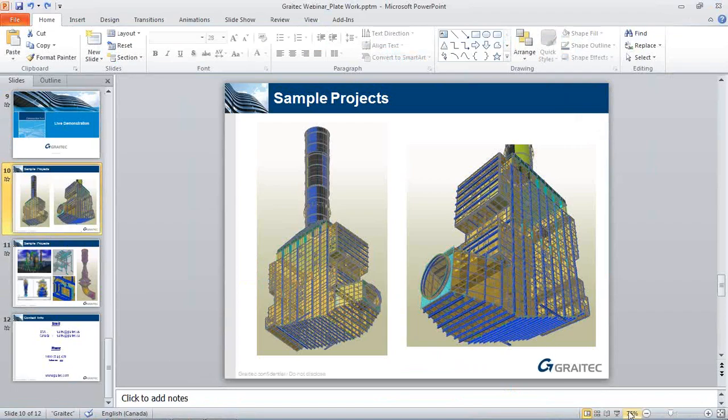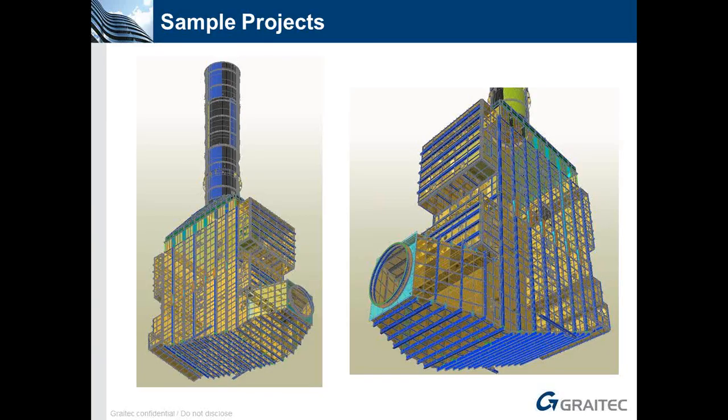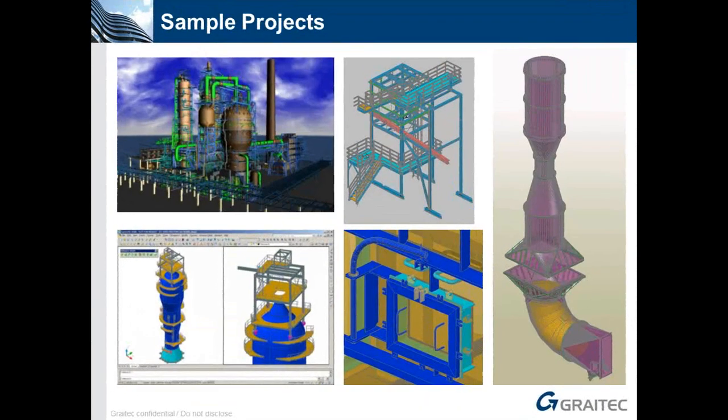Right here is an example of a fairly large project, incorporating a lot of those sheet metal and plate work functionalities. Also in the oil and gas field, we'll find a lot of plate work happening around miscellaneous steel, or plate work for chutes, hoppers, and different elements like that.